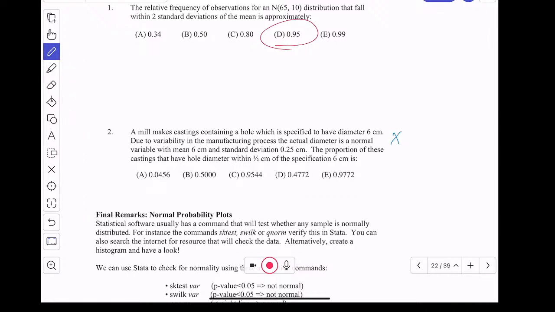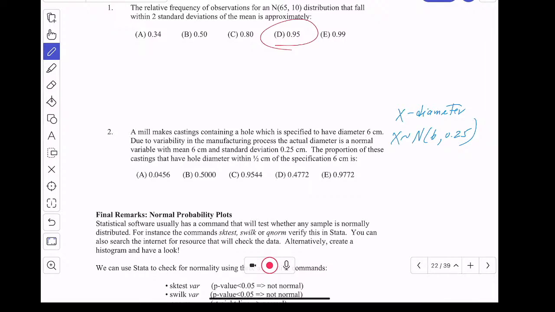So the diameter is normal with a mean of 6 and a standard deviation of 0.25, where x is the diameter. Right.